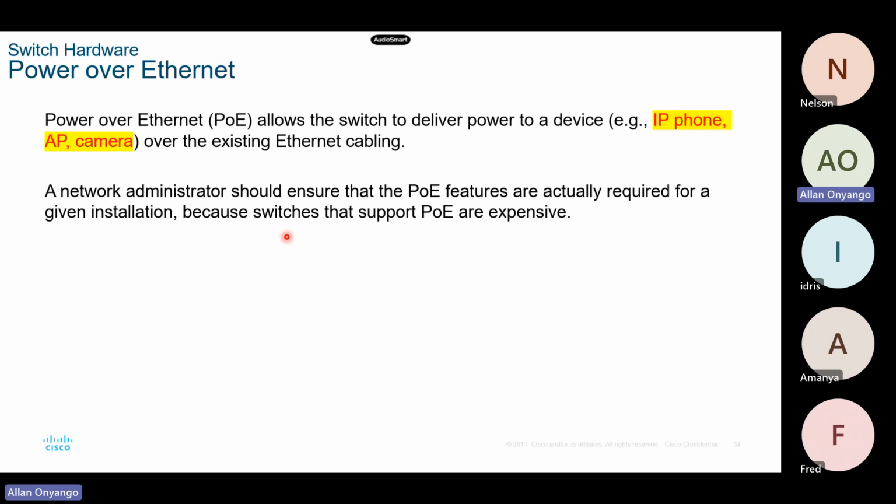And so this PoE port delivers power through the same port that it delivers the Ethernet frames, okay? And so these devices I'm mentioning, normally they don't have their own power cords or power devices, okay? But they are able to get power from the switch, and the switch must be having those particular ports.